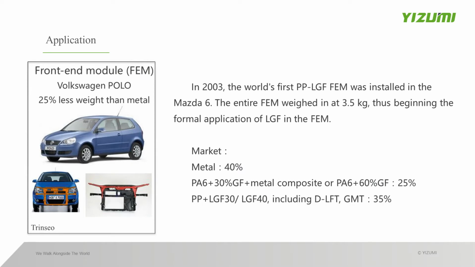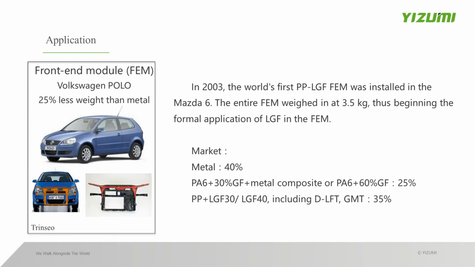This part is the front end module. The picture is from a Polar car, and compared with metal, it's 24% lighter. So what is the history of this part? In 2003, the world's first PP with long glass fiber front end module was installed in the Mazda 6.